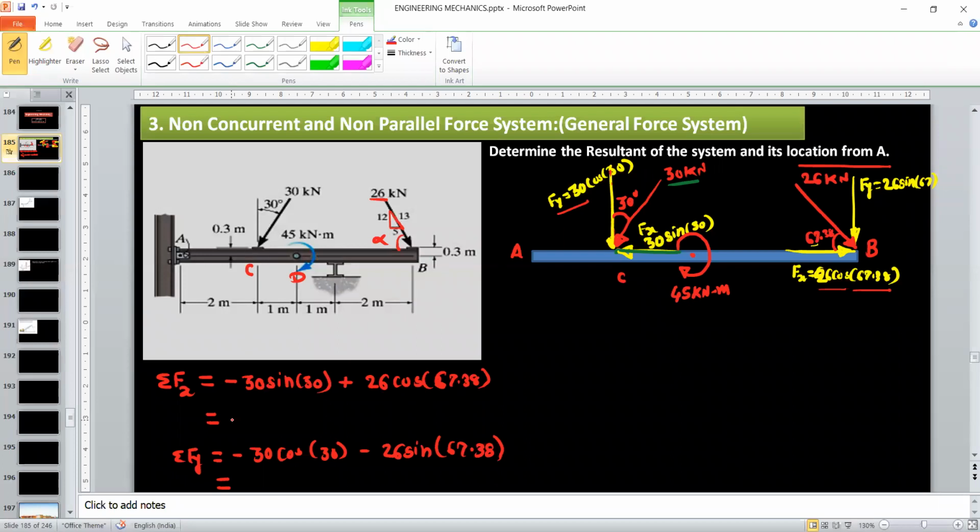So your summation Fx is minus 5 and the unit is kilonewton. And your summation Fy is minus 50.